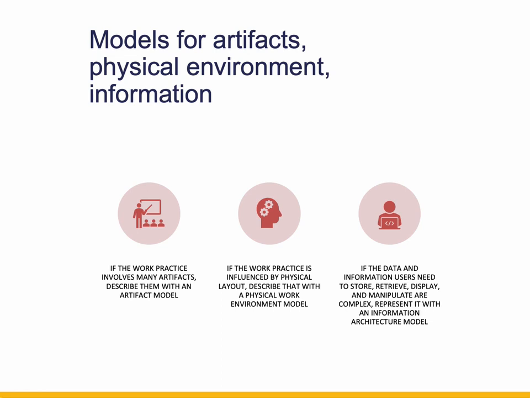Now, lastly, if the data and information the users need to store, retrieve, display, and manipulate are complicated, represent it with an information architecture model. So we've got an artifact model, we've got a physical work environment model, and we've got an information architecture model. Those are 3 distinct categories of modeling that we can do that, again, and let's tie this back to the whole lesson, feed UX design.